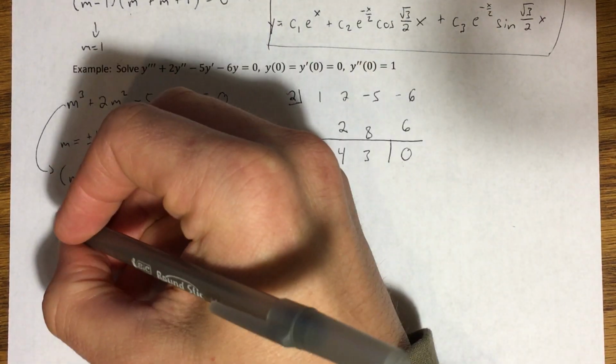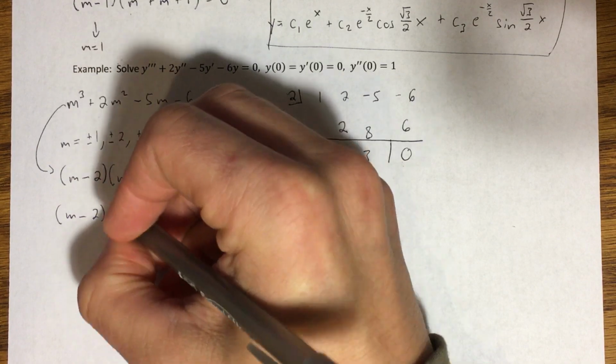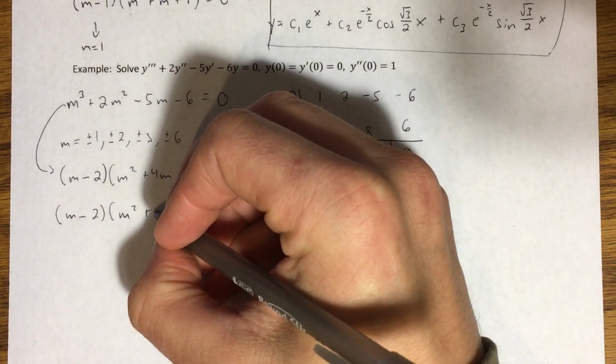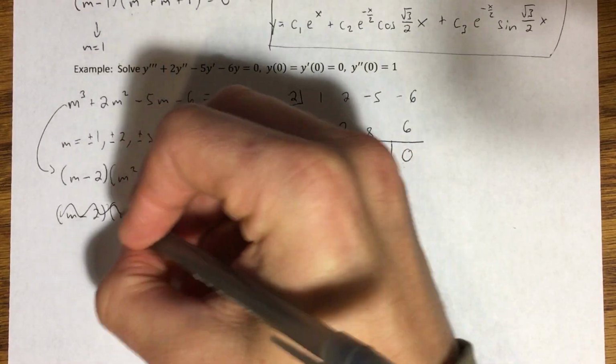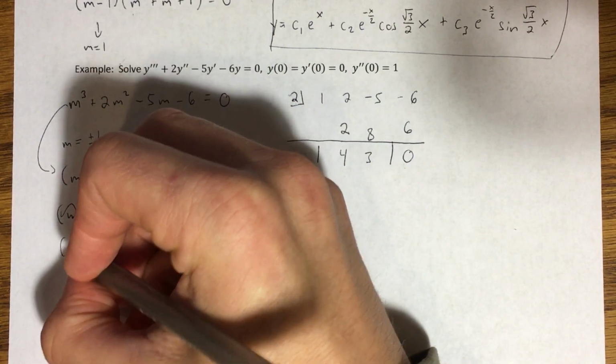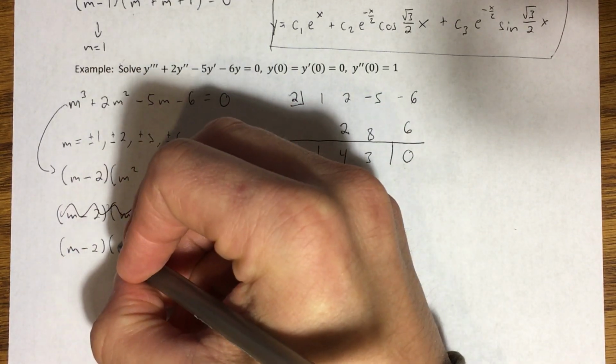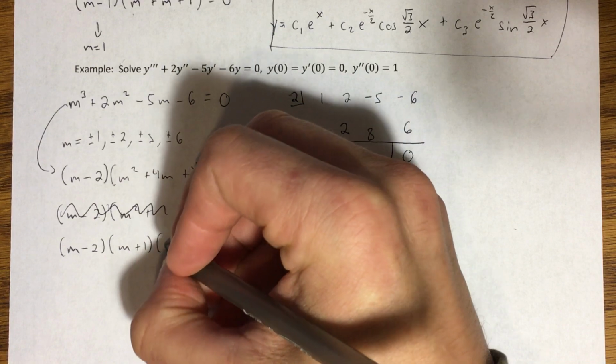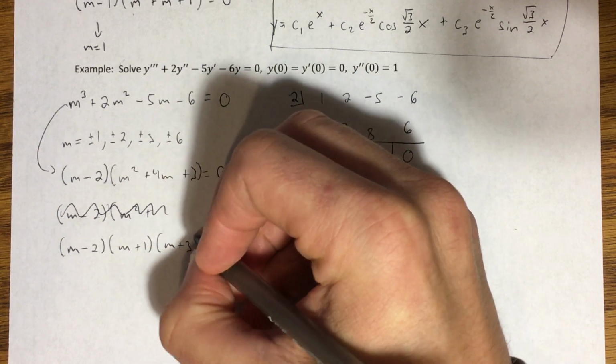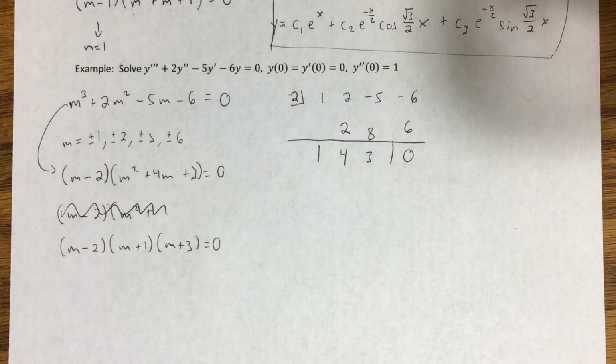And that factors nicely. M minus 2, m plus 1, m plus 3 equals 0.